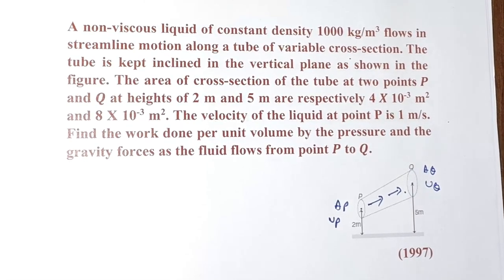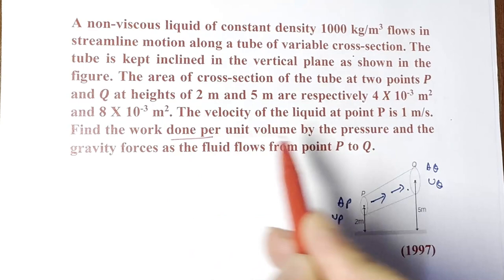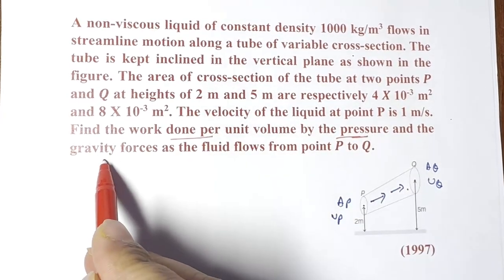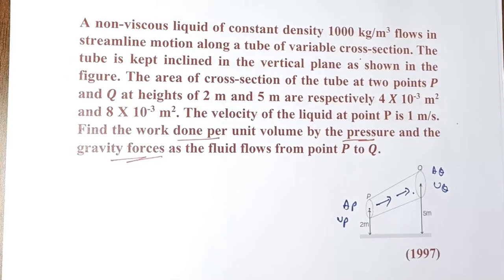So in this case, we are going to use Bernoulli's equation, and that is going to help to find out what will be our work done per unit volume by the pressure and the gravity forces. So let us start from the Bernoulli's equation.